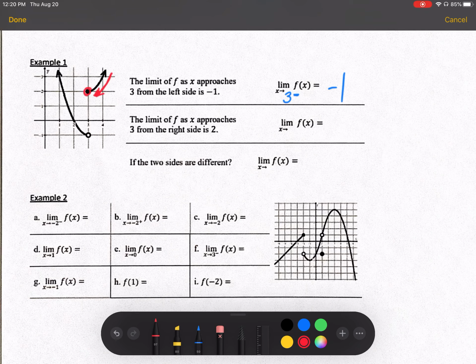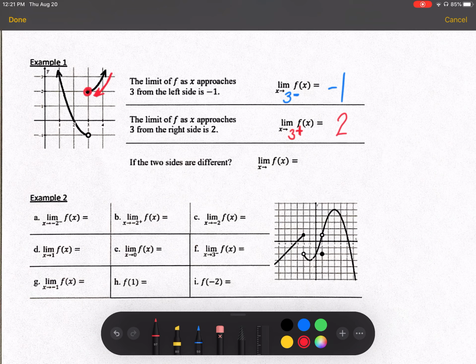The y value we're approaching here is 2. So as we approach 3 from the right side, the positive side, I put a little plus sign, and that tells me I'm talking about the right-sided limit. And that is going to be 2.